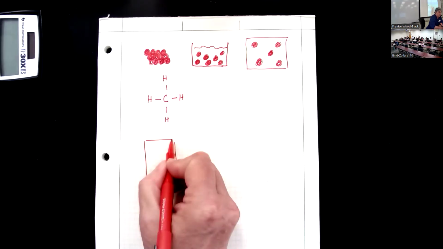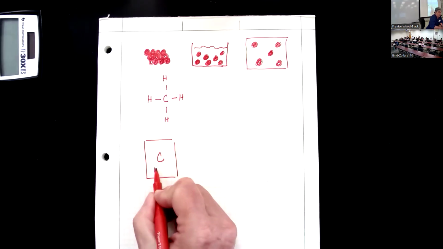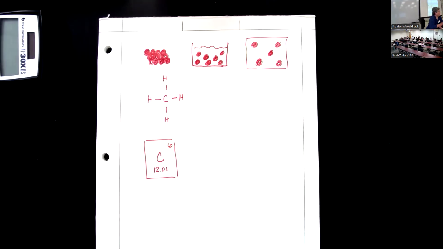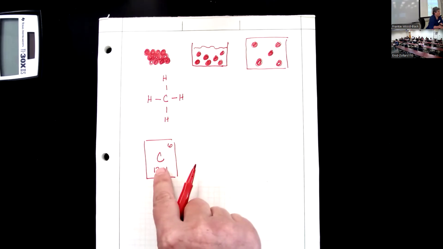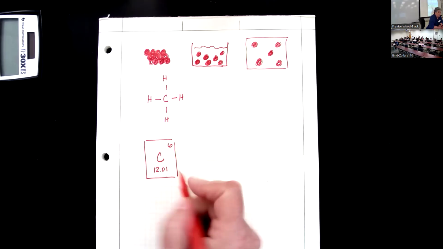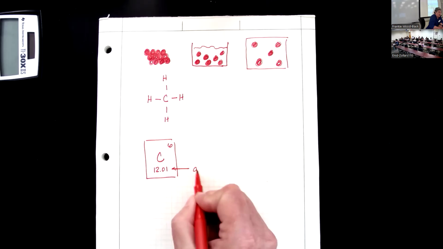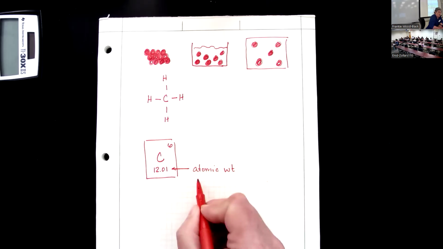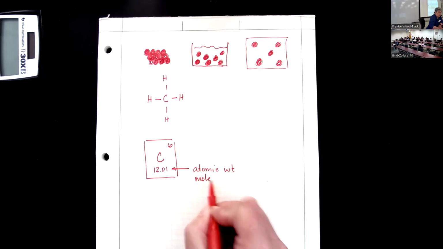So if I want to have carbon, carbon will have something like this on here. We'll have a 6. It'll give you your symbol for the element. It will give you what is known as the atomic weight or the molecular weight. You'll hear it both ways.